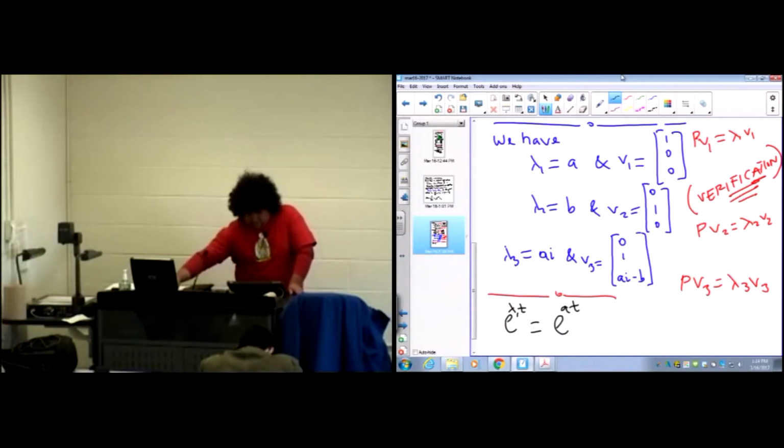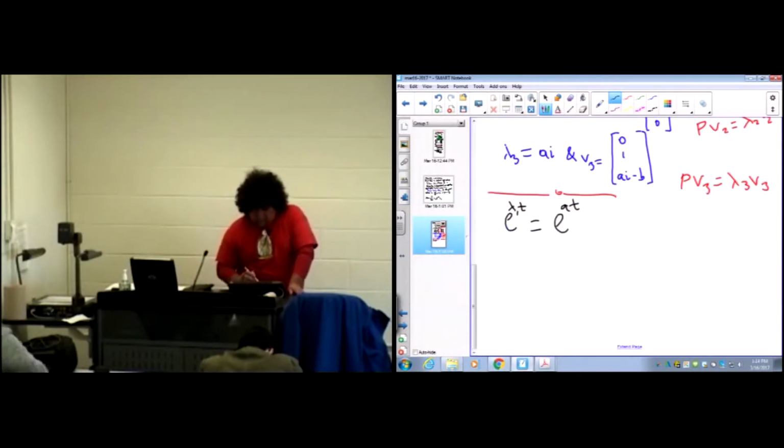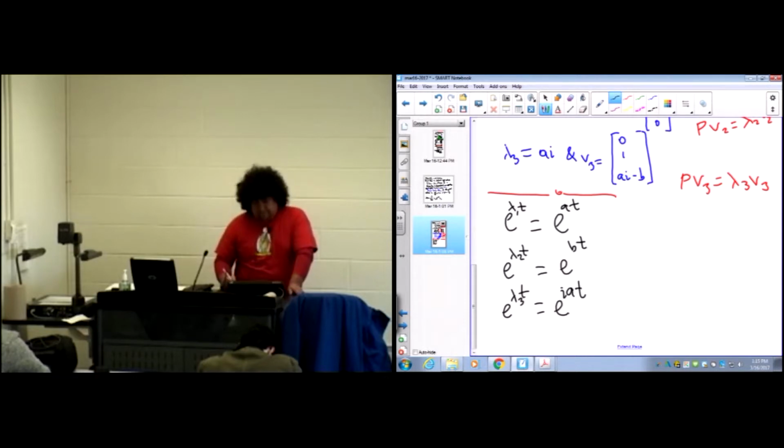AI or IA is the same. Remember, this I means the square root of minus 1, that's what we mean in the definition of that matrix. So Euler's formula tells us that we can write this as cosine of at plus I sine of at. It's an application of Euler's formula.